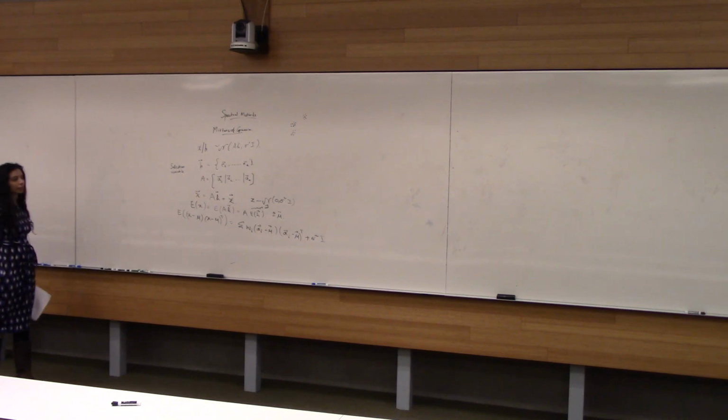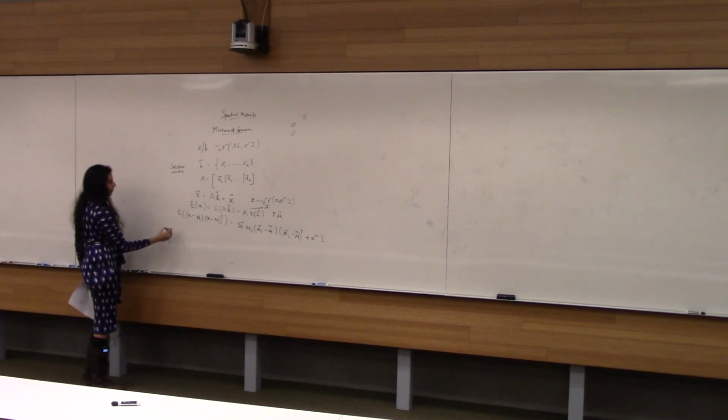Because H and Z are uncorrelated, the expectation of H and Z will be 0.